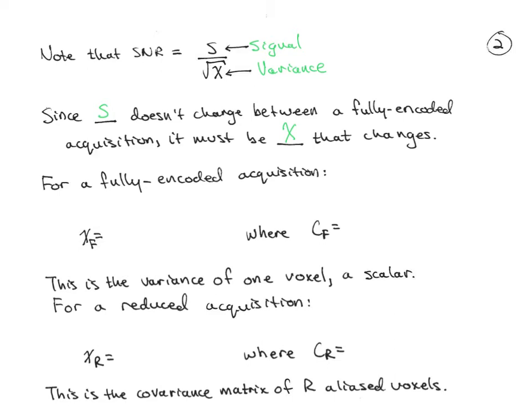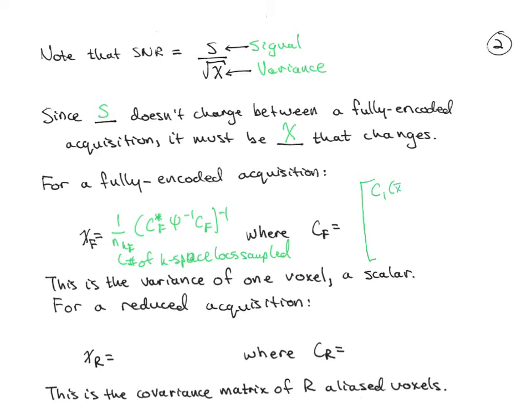So for a fully encoded acquisition, last time we learned that the signal variance is equal to 1 over the number of samples, the number of k-space locations that we sample, times C sub f complex conjugate transpose, psi inverse, C sub f, inverse, where if you'll recall, psi is the noise covariance matrix across the coils, and C sub f is a vector of sensitivities at this spatial location.